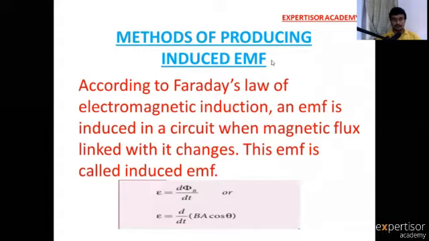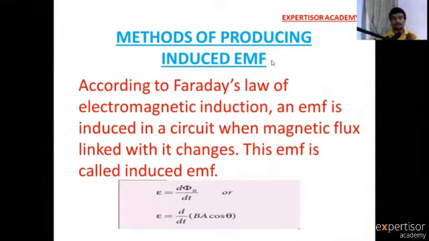Consider two individual coils. First, you generate the current in the first coil, that is the primary coil. This primary coil produces a magnetic field around it.